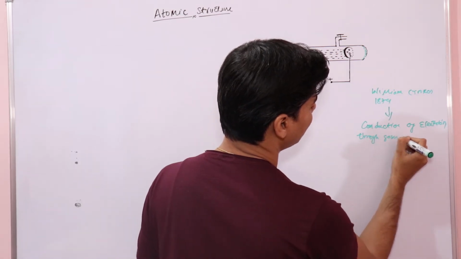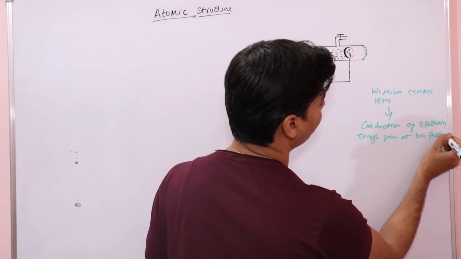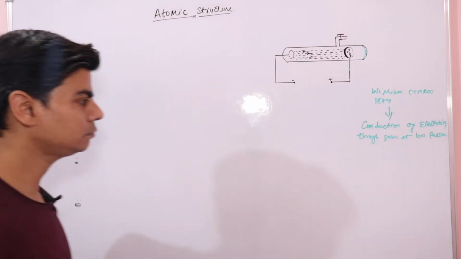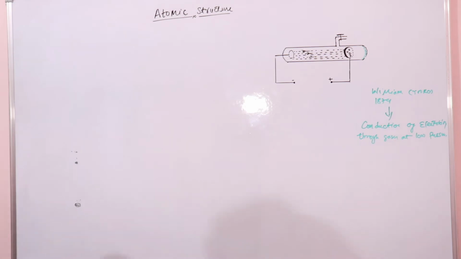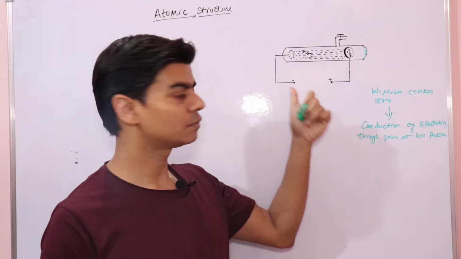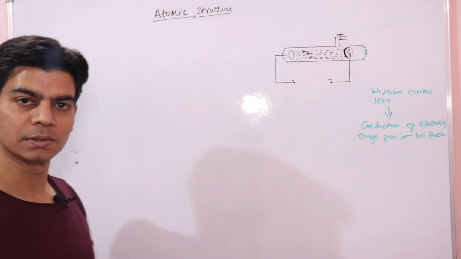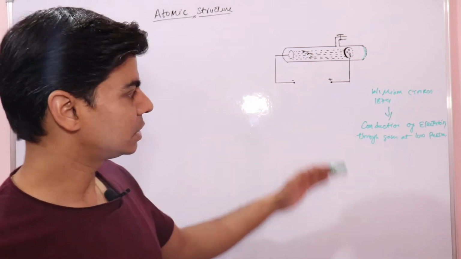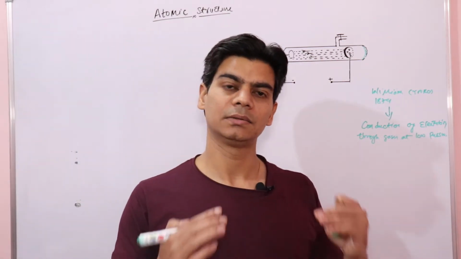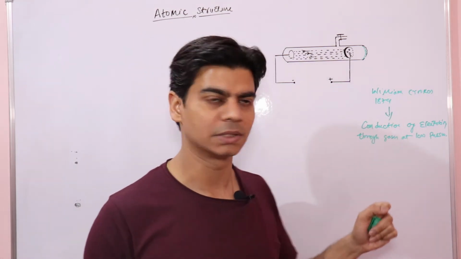Now this was the setup of the experiment, the experimental arrangement which William Crookes used to study the conduction of electricity through gases at low pressure.